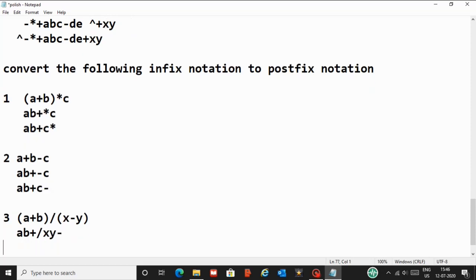Then I will be doing AB plus X, Y minus by. Right? This is my corresponding postfix expression.